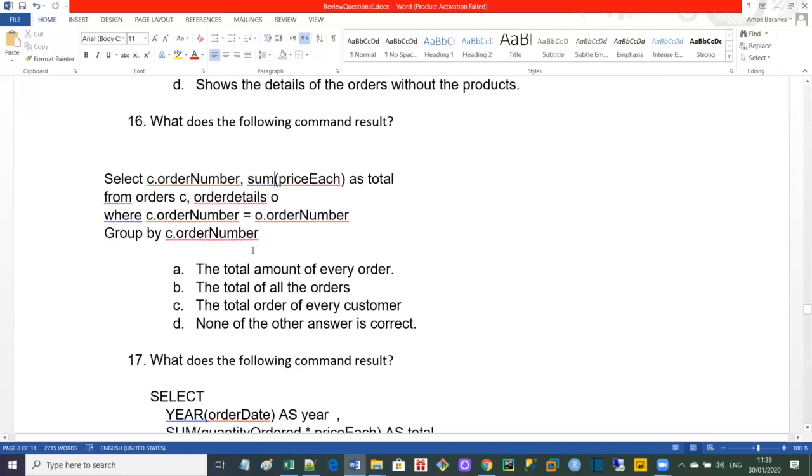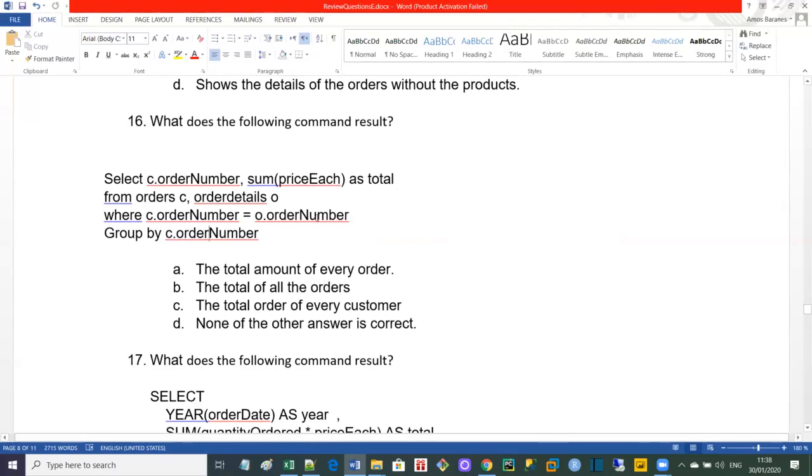Secondly, and don't forget it, otherwise you will get an error, you must put the group by at the end of the command. So this one and this one must be the same, otherwise we will get an error, okay? So this select will give me the total amount of every order.